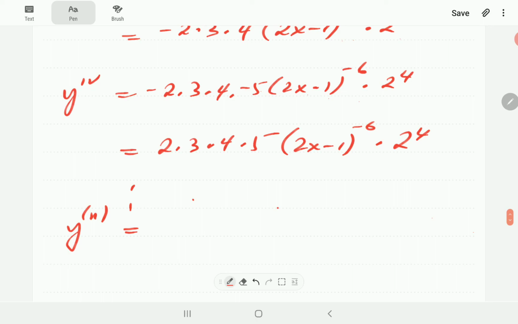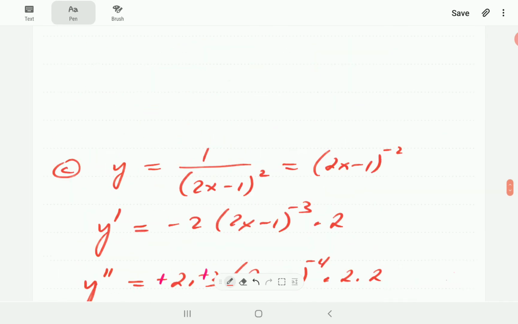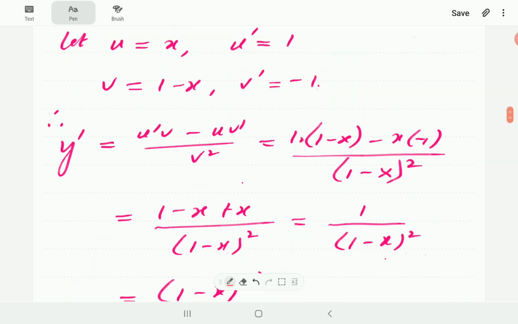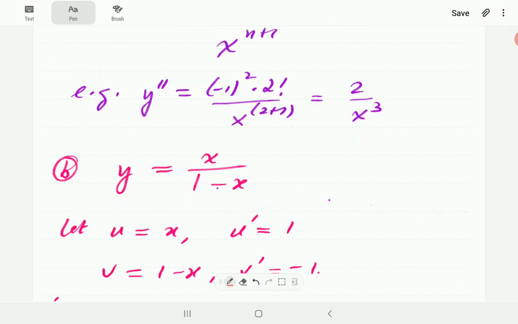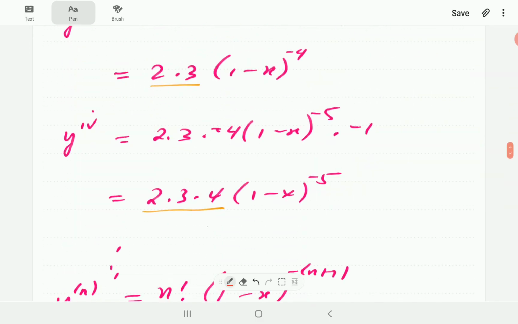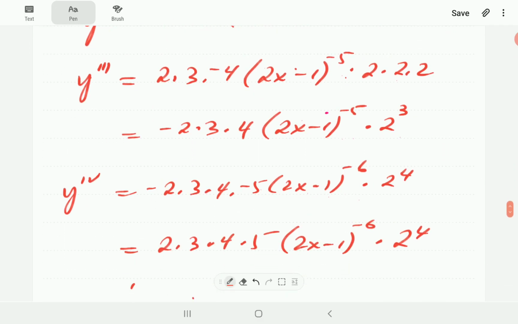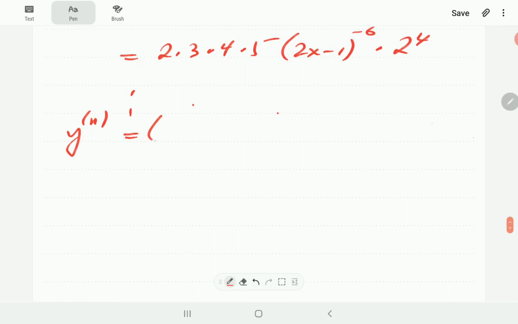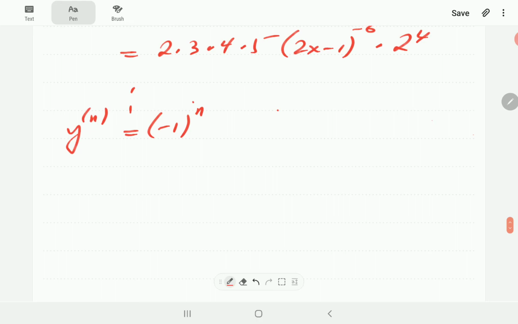So it appears we have a case similar to what we had in question A, where that gave us negative 1 to the power n. So we've got a similar situation here, negative 1 to the power n.